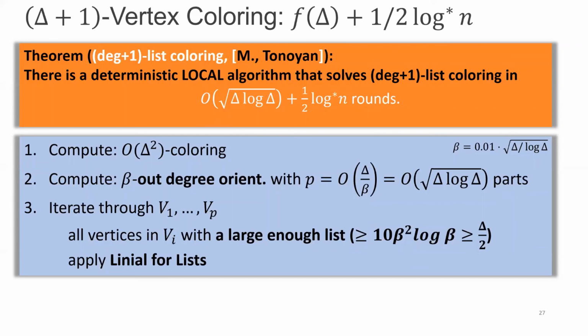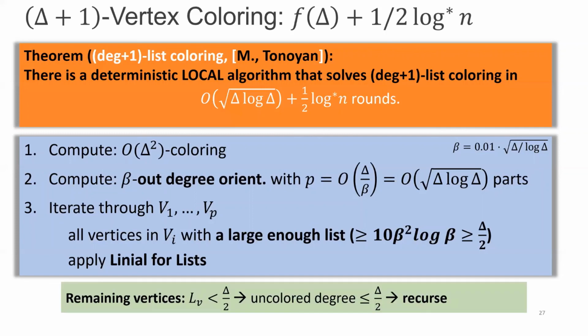And now you simply color these vertices in V_i, which satisfy the list size requirement of our two-round linear-in-list algorithm, meaning its list size is at least this beta squared times these polylogs. What do we gain through this? We gain that everyone who is not colored here has a small list.